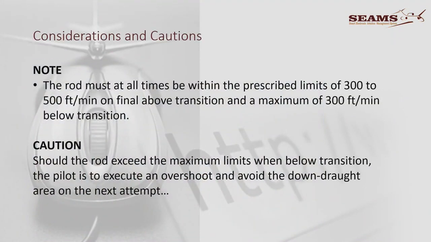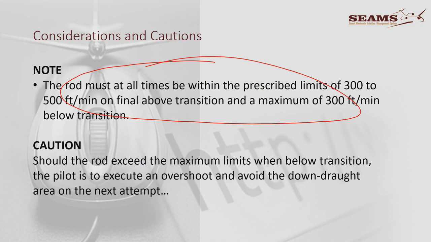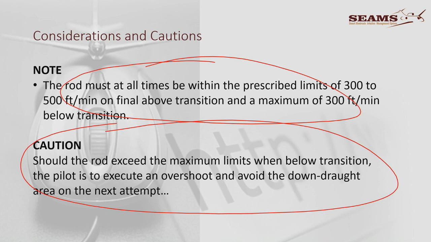The rate of descent is 300 to 500 minimum on final approach, during the last 300 feet, but you will see that your rate of descent will naturally come down in that last part to under 200, 150 foot, and that is really no problem. Should the rate of descent exceed the maximum limit when below transition, the pilot executes an overshoot and avoids the downdraft area for the next attempt.